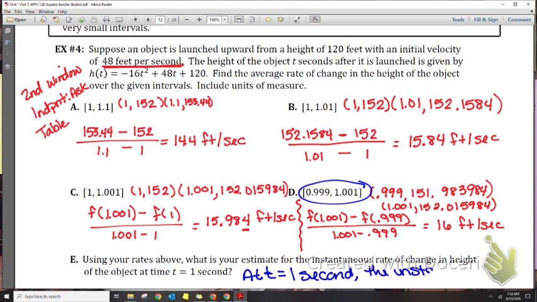Instantaneous rate of change is that 16 feet per second.